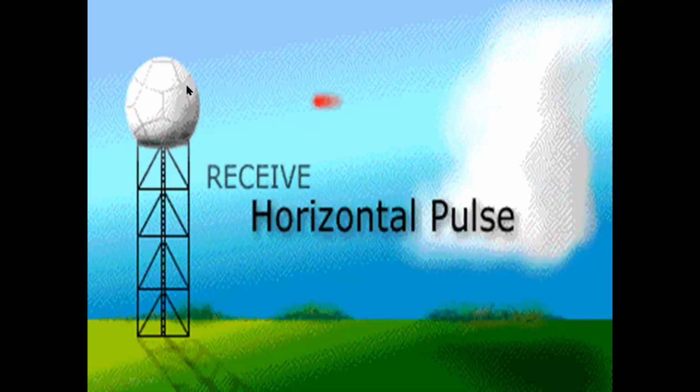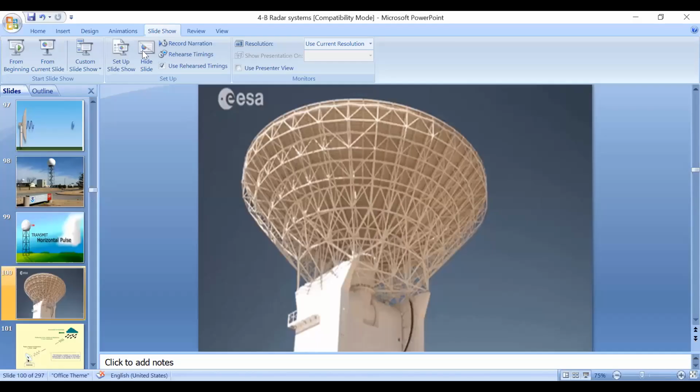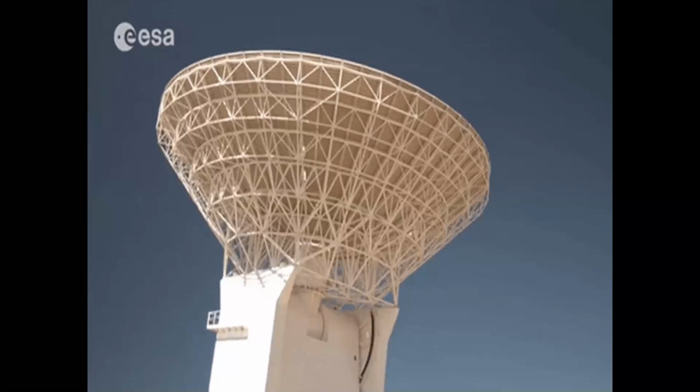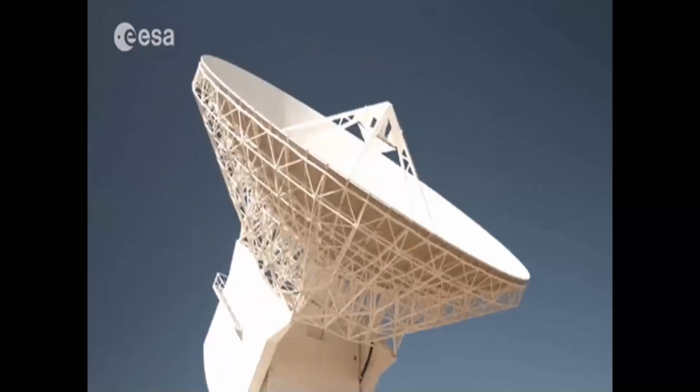So if we are not using rotating components, that means system complexity is reduced and system cost is also reduced, right? So it transmits only horizontal pulses. See, this one is also rotating in 180 degrees direction only. This is also one type of weather radar.